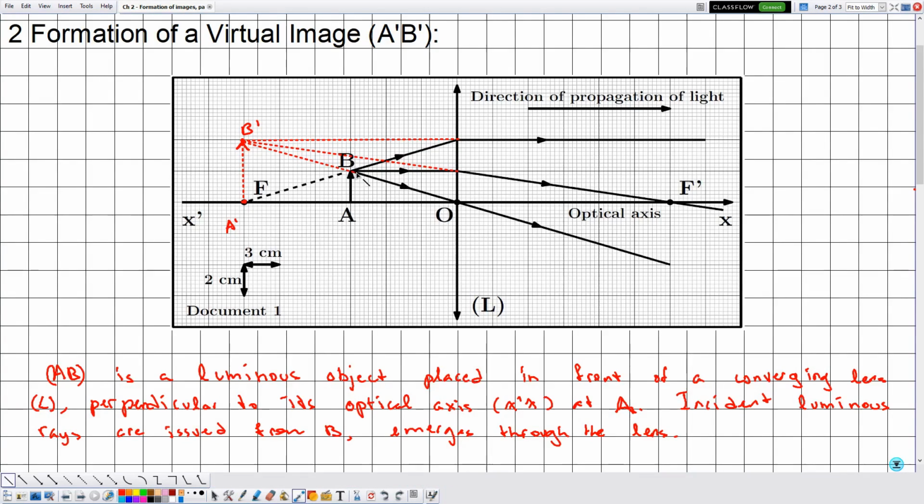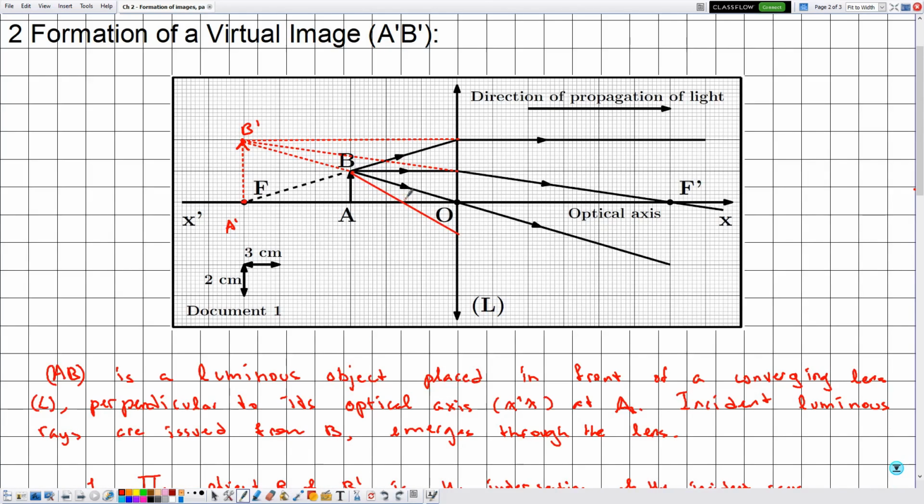So for example, if we consider an incident ray issued from B hitting the lens at this point, we know only how to complete the path of 3 particular rays, but now after we know the image B prime of B, this ray will emerge through the lens as if coming from B prime.